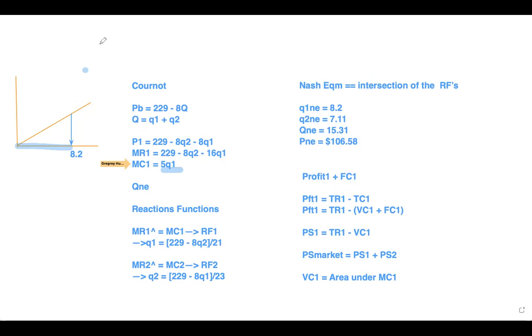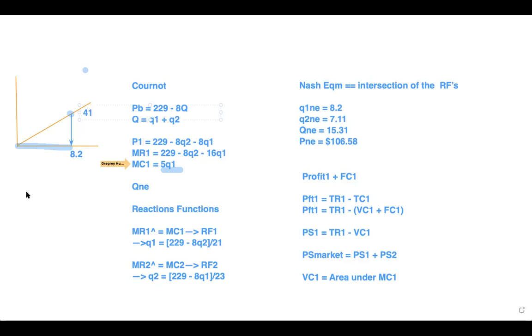Was it Miles that was asking that question? Yeah, for the variable cost. So we measured the height of this function based on our equation, and the height there is going to be 41.